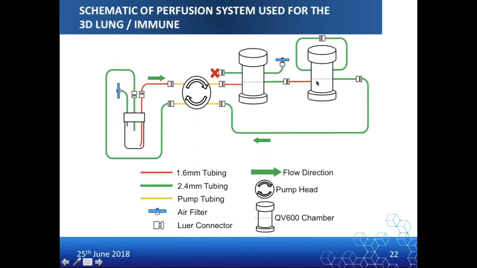And then you can also connect the second chamber, and then the medium is pumped back into the reservoir bottle via a second tubing of the pump. So you can see this is a closed system, and what might also be an advantage here is that media from the chambers are also enriched within the reservoir bottle.